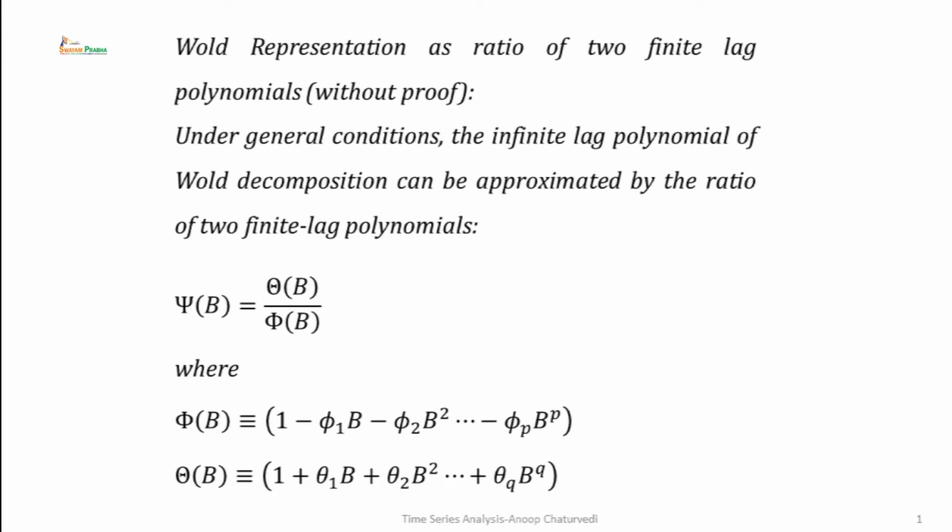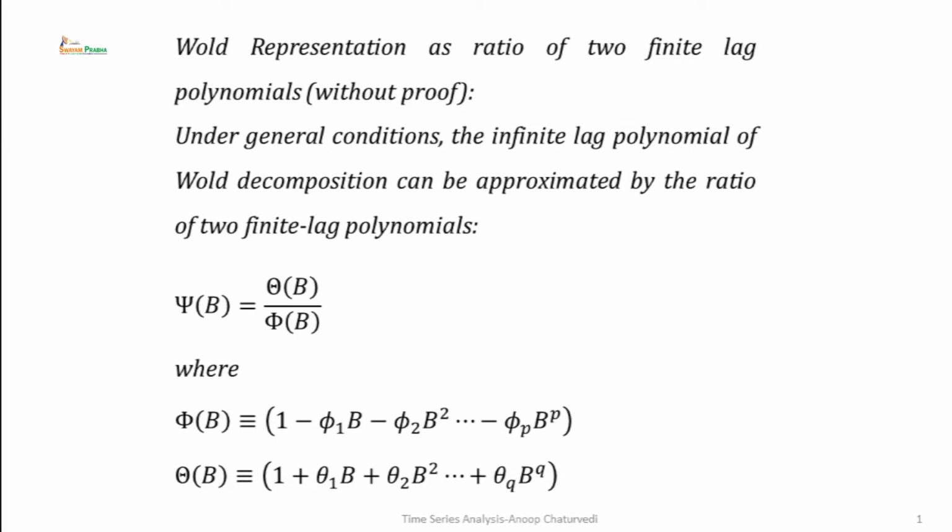Say psi(B) is equal to theta(B) upon phi(B), where phi(B) is equal to 1 minus phi_1 B minus phi_2 B square and so on minus phi_p B to the power p. Theta(B) is equal to 1 plus theta_1 B plus theta_2 B square plus so on plus theta_q B to the power q.